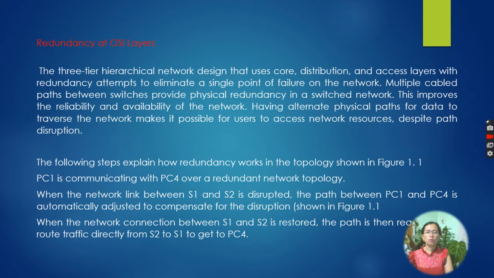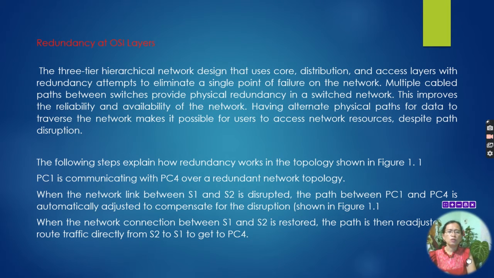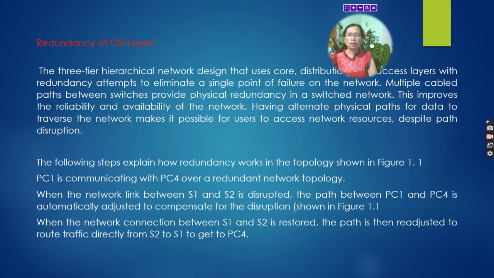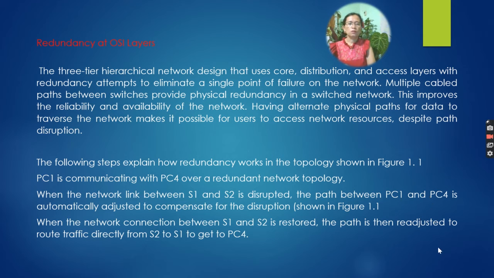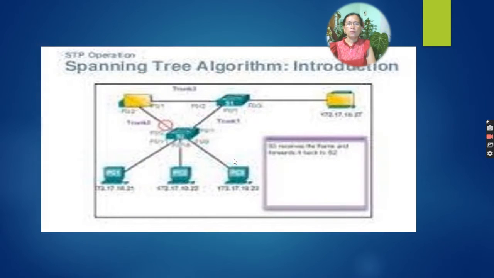When the network connection between switch 1 and switch 2 is restored, the path is then readjusted to route traffic directly from switch 2 to get to PC4. And this is Figure 1.1, the redundancy illustration.